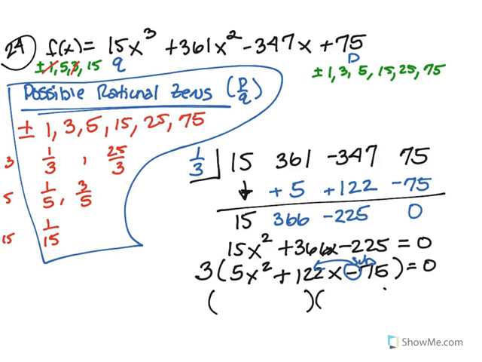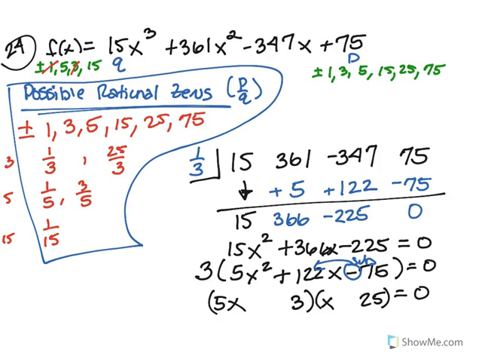So we're going to factor. In the front, I got 5x and x. And I'm trying to subtract and get 122. So with 75, I'm going to use 3 and 25. And so 25 times 5 gives me 125 minus 3.